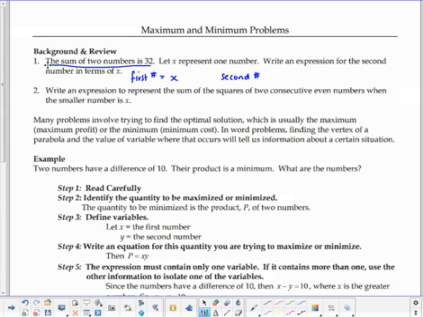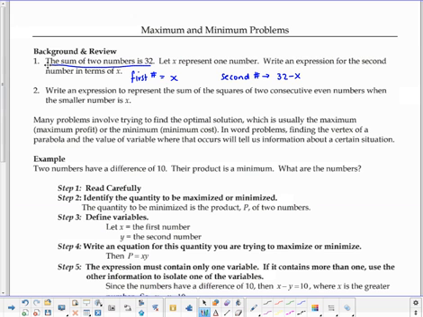If they sum to 32, we know the first number is x. What's the second number? 32 minus x. Yeah, the second number would be 32 minus x. So being able to write things in terms of just one variable, that's what we want to be able to do.